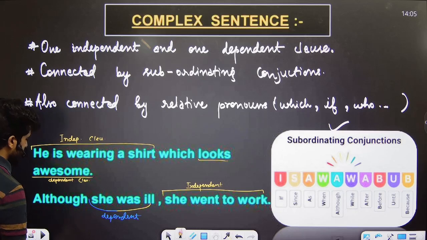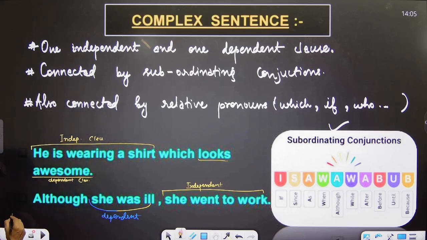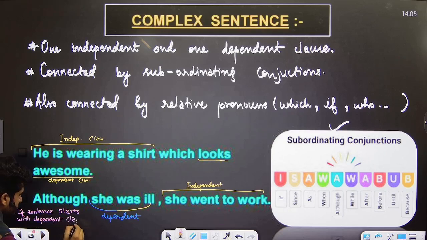So what did we learn here? We learned here that put down the star mark and write it there. If a sentence starts with a dependent clause, a comma is required after it.